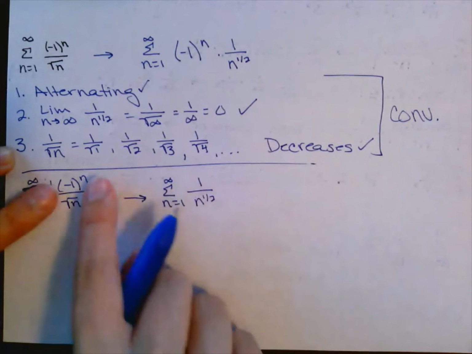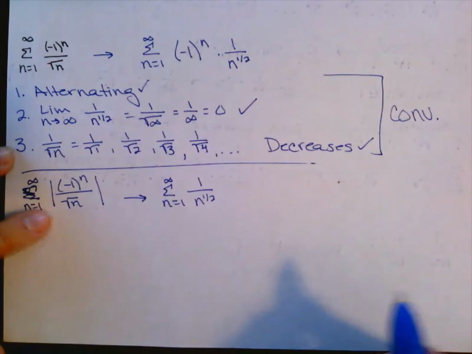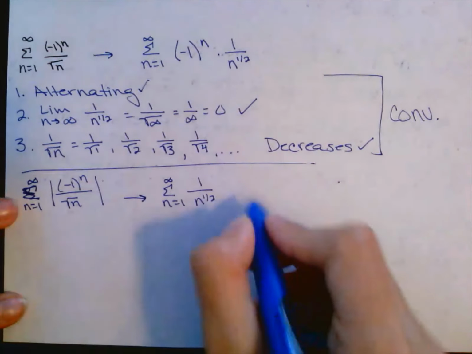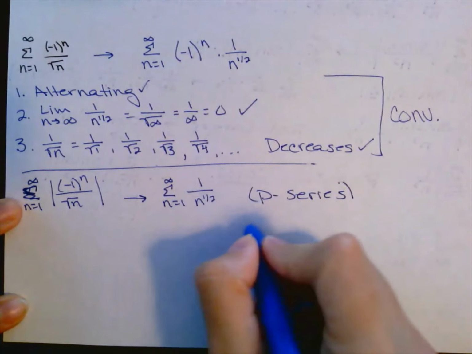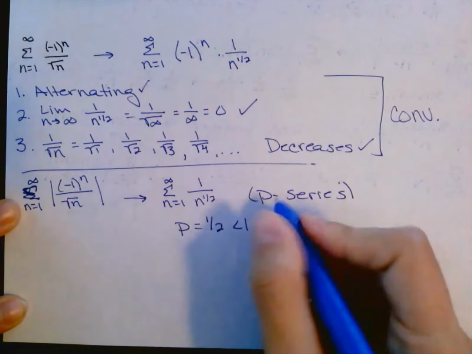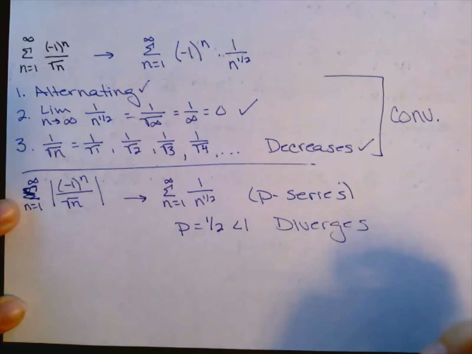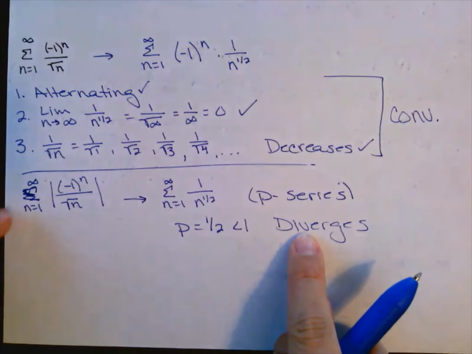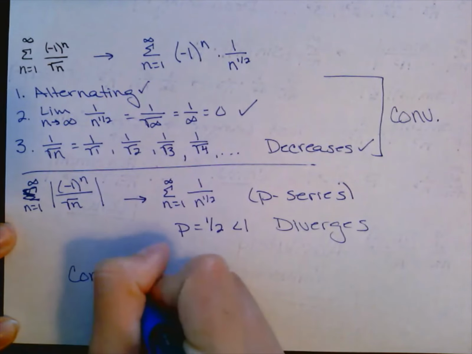So I'll be left with a positive 1 because of the absolute value. And this square root was already positive, so it's going to stay positive. Now, if I check this question, this here is a P series where my P is 1/2. And because that is less than 1, this diverges. Okay, so since I got convergent on the original, the alternating, and divergent on the absolute value, this one is also conditionally convergent.